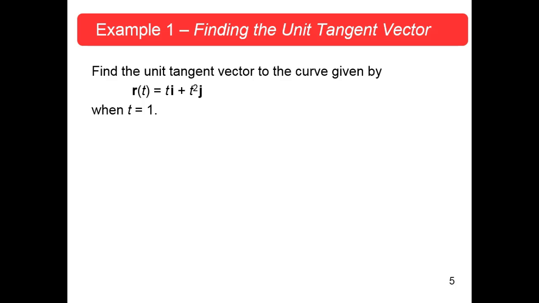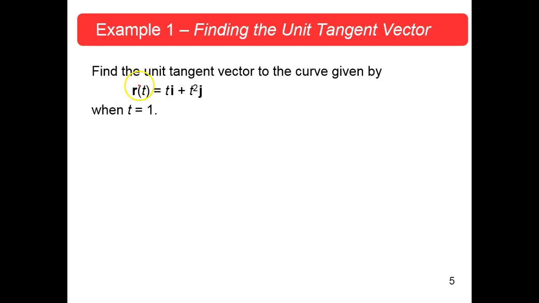All right. Example 1. Find the unit tangent vector to the curve given by this vector equation, r of t is equal to t i plus t squared j, when t is equal to 1. So all indication, this is only in 2-space, no 3-space component here.